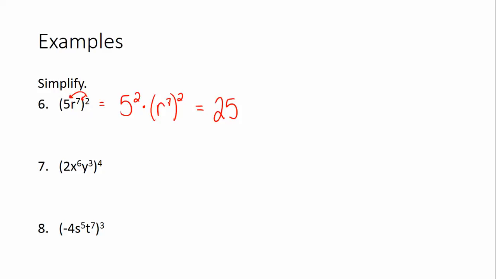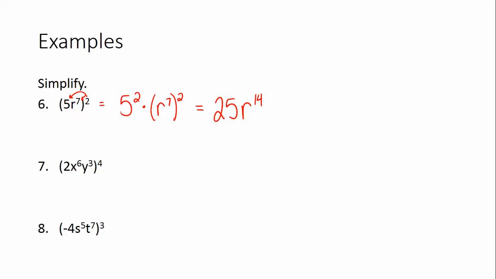If I have a power raised to a power, I multiply the exponents. So this becomes r to the 14th. So we squared the 5 and got 25. We squared the r to the 7th and got r to the 14th. Remember, this is very different than what we were doing previously, where we were adding and subtracting exponents. Now we're multiplying them.